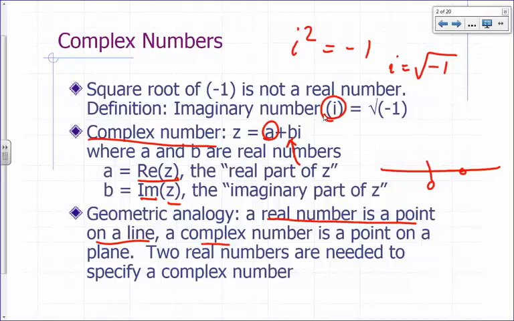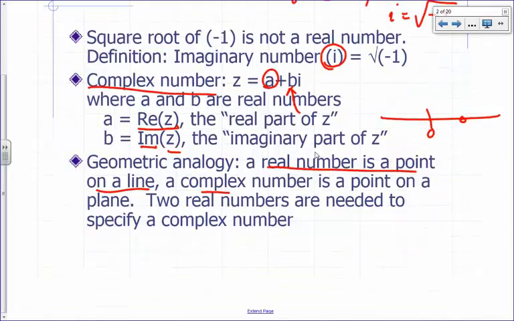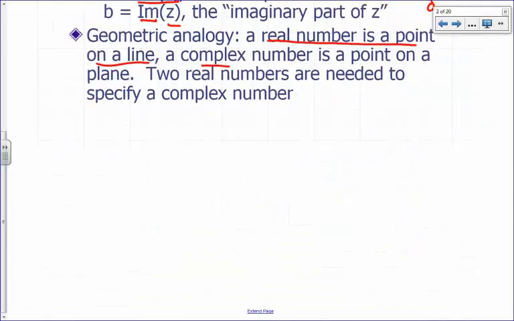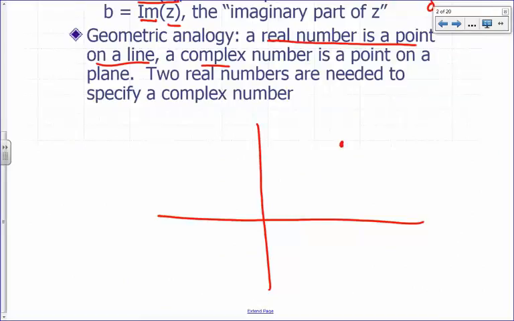For any point on the plane, you need two numbers to specify its location: the value along the x-axis and the value along the y-axis. So if this is a and that's b, then a point on the plane corresponds to a complex number.